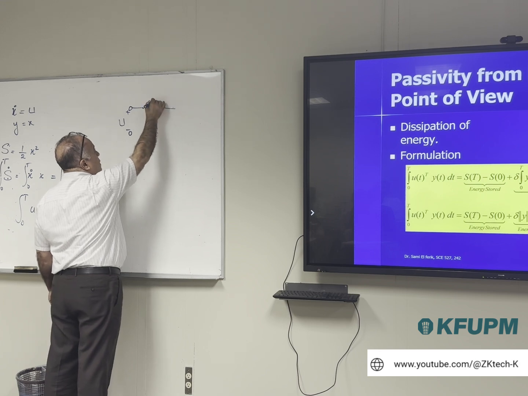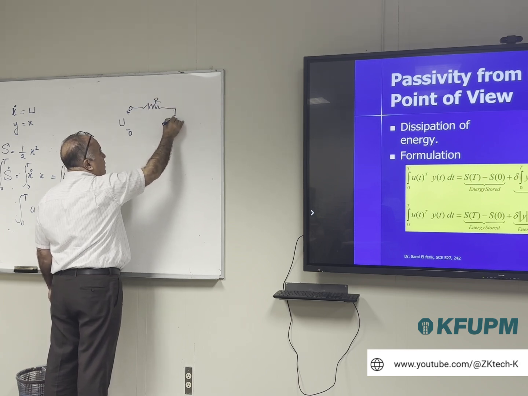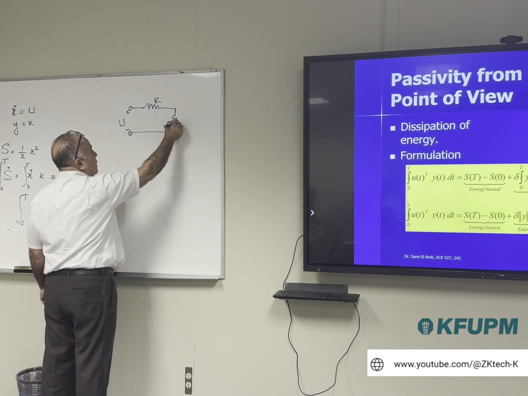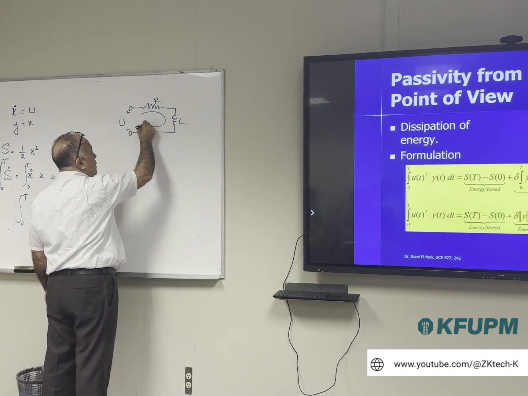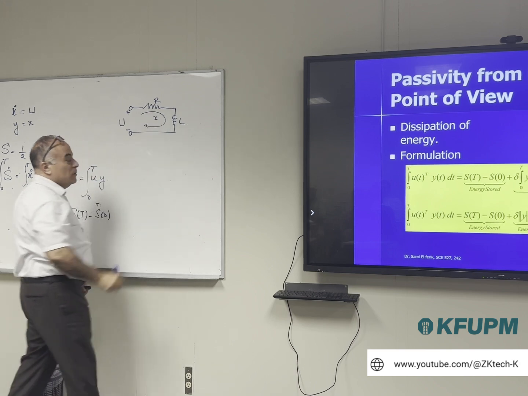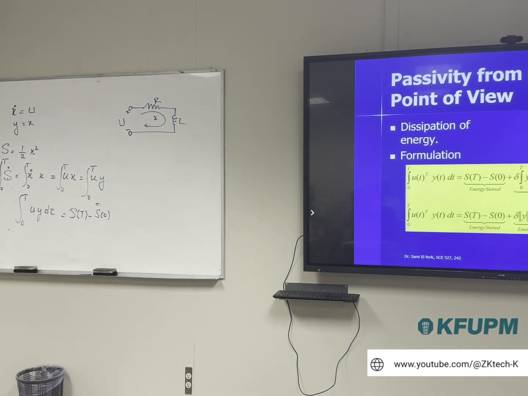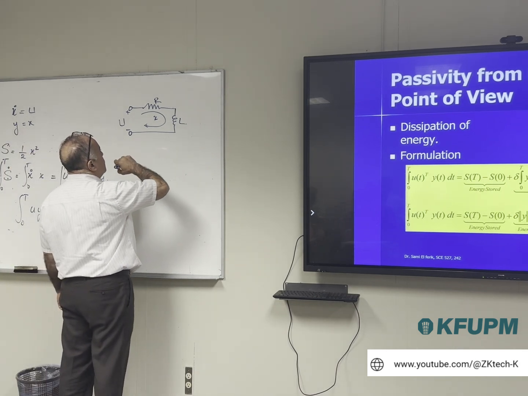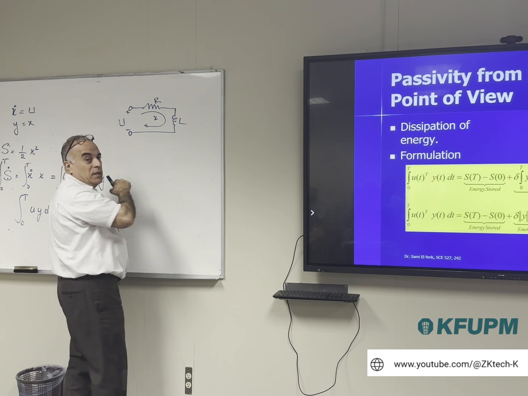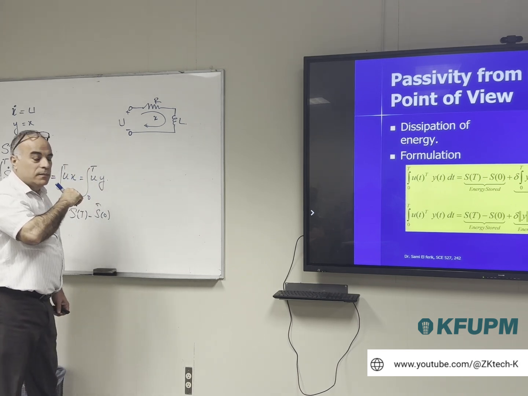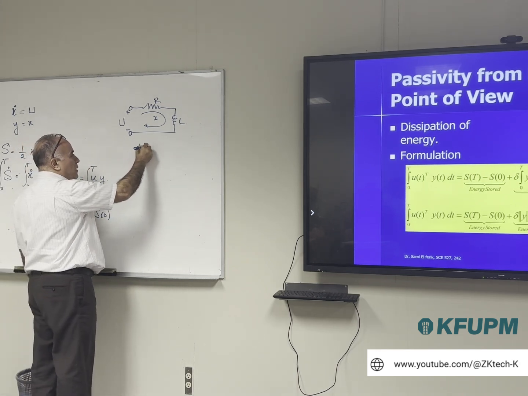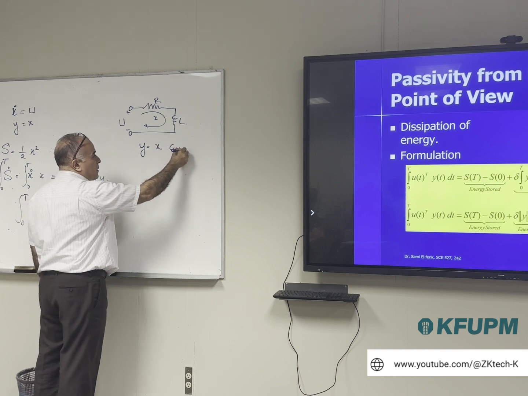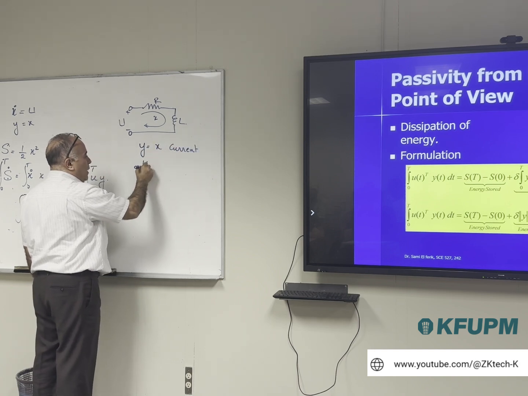I'm going to call this resistance R, and an inductance L, and I have a current here that I'm going to call x, just to have the same notation. I don't use i as current. In my output, I will consider the output equal to the current. y is equal to x, and then u is my input, the voltage.